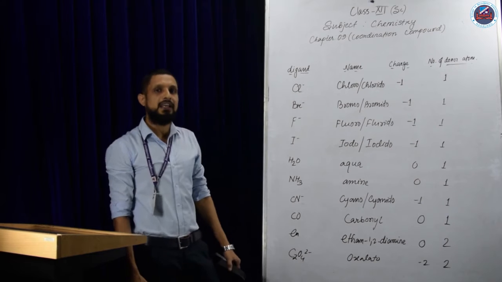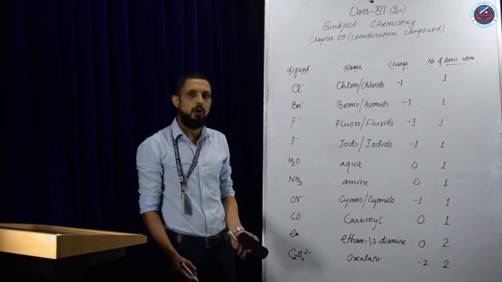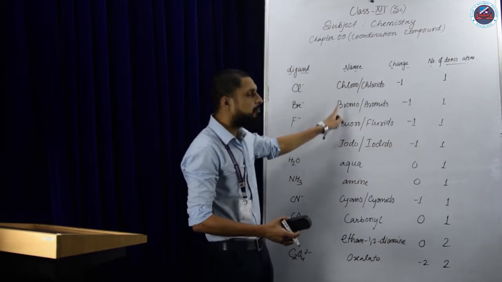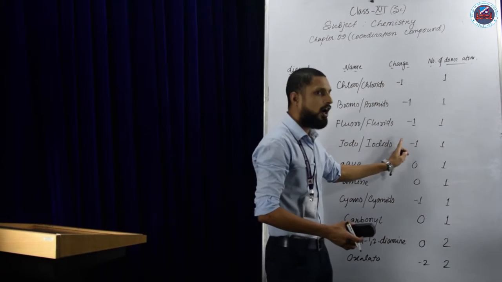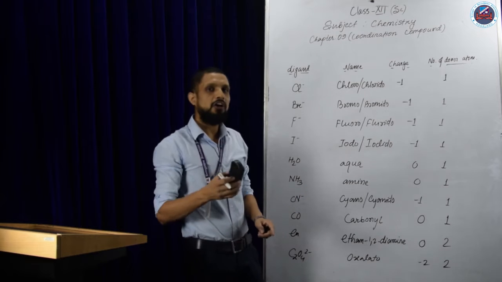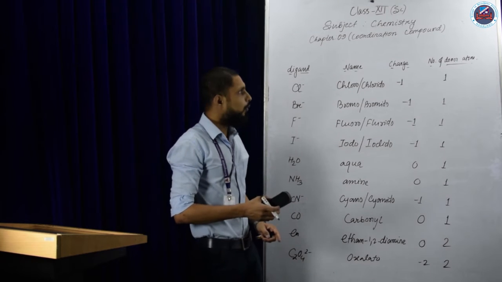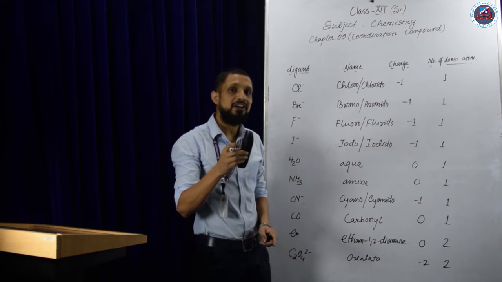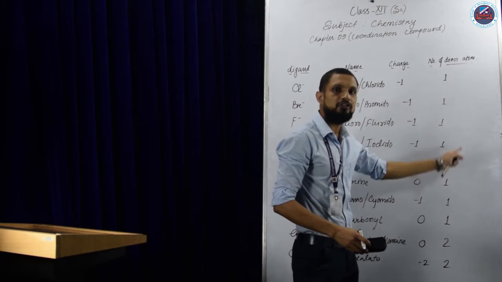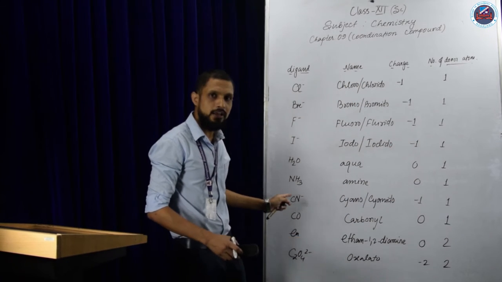So there are more ligands you can go through. It's given in the notes. Please go through that because it's very important to know the name of the ligands, to know their charge, and the number of donor atoms. In coordination compound, while calculating the coordination number, you'll be needing the number of donor atoms present in a ligand.